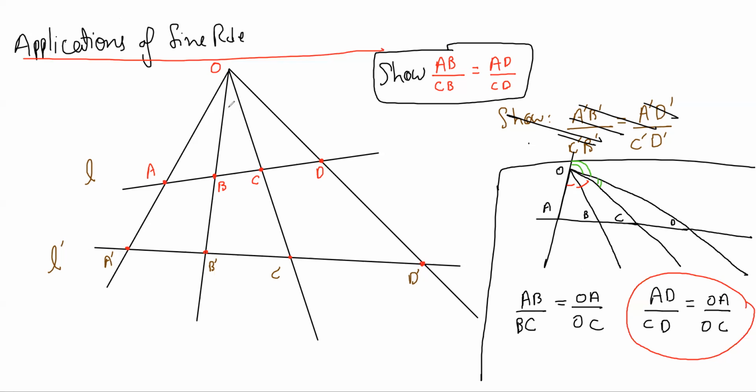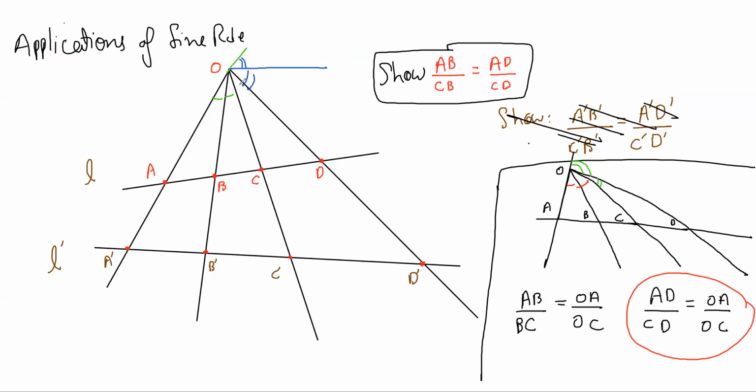If this was the internal bisector and this was the external bisector, then our condition holds. When you see this condition, you would think, when does it happen? If you cannot solve this question, that's the next thing to think: have I seen this? When can this happen? It happens when we have this situation.